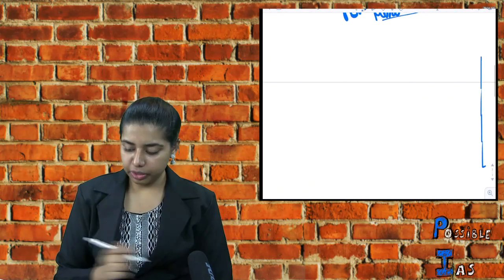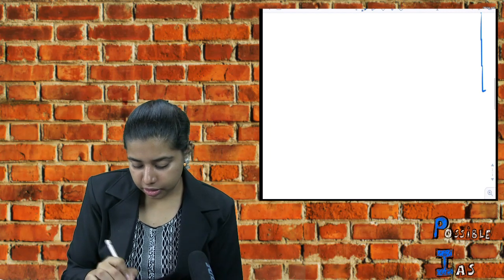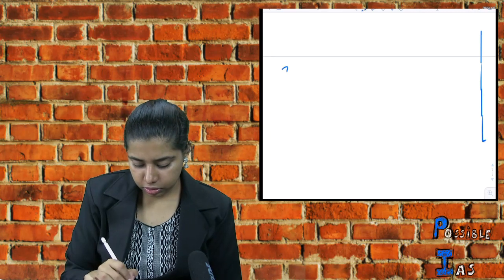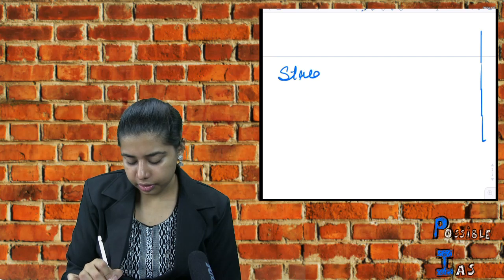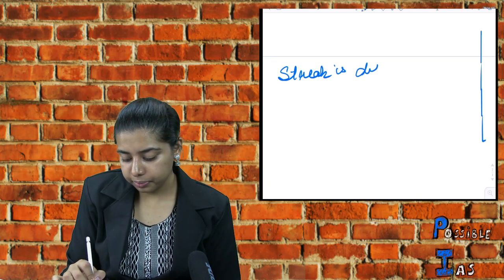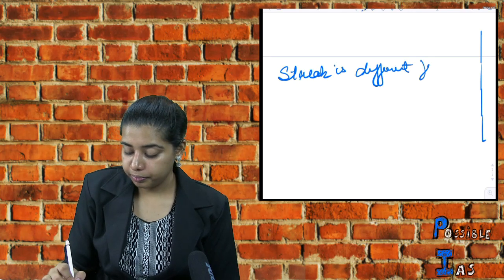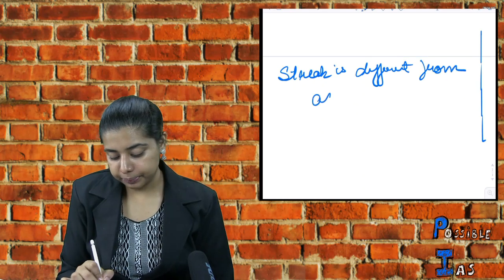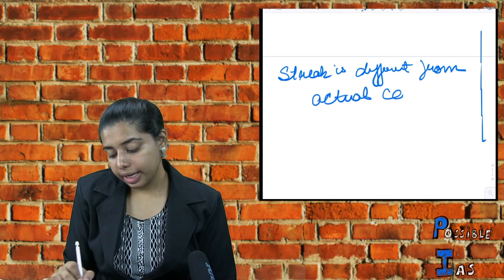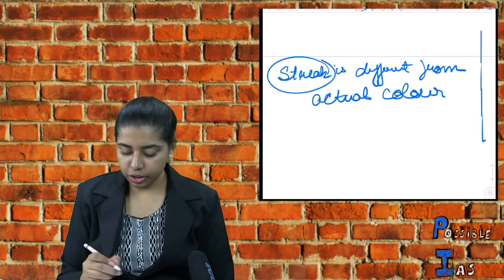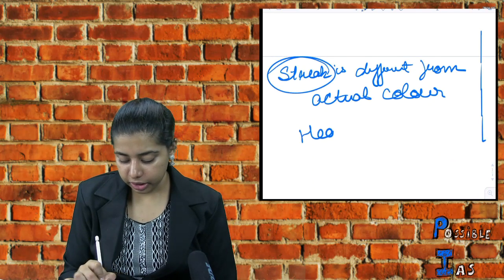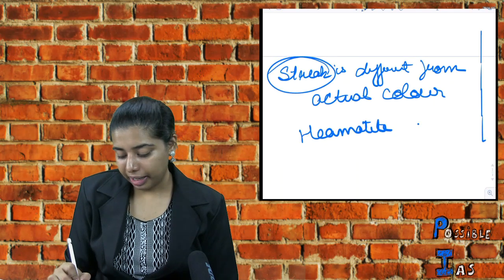When you see the streak of a mineral, at times streak is different from the actual color. This property of streak is mostly used to differentiate between hematite and magnetite.